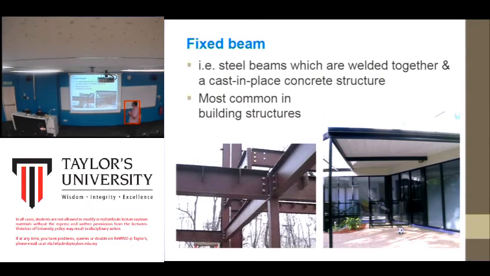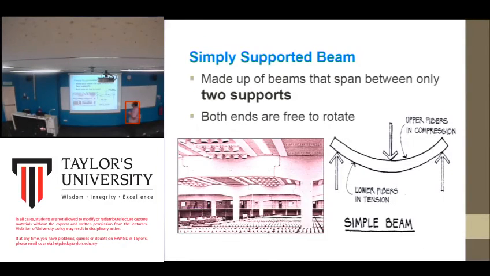And then this is a simply supported beam. It is made up of a beam that spans between only two supports, which means this type of beam has two supports, left and right, compared to a continuous beam that has more than two supports.